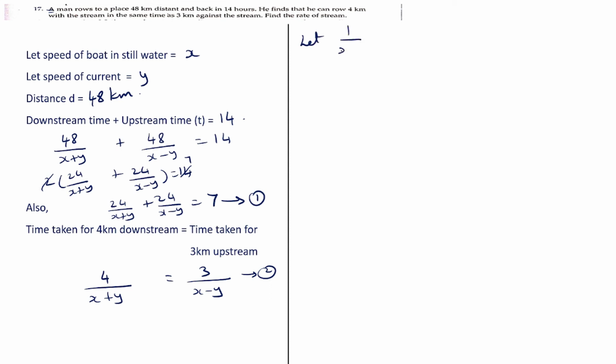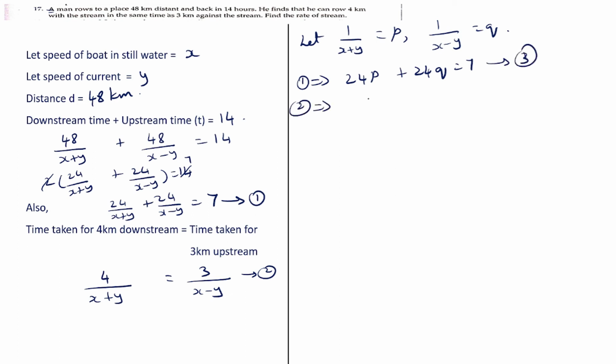Now let 1 by x plus y be p and 1 by x minus y be q. So 1 implies 24p plus 24q equal to 7. Let us take this as 3. And the second equation implies 4p equal to 3q, or we get p as 3q by 4. Let us take this as 4.